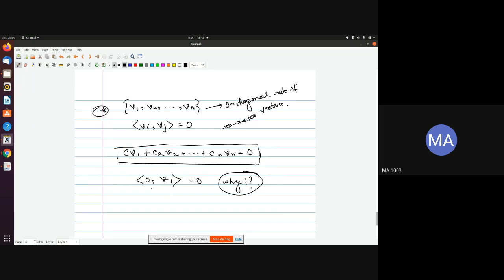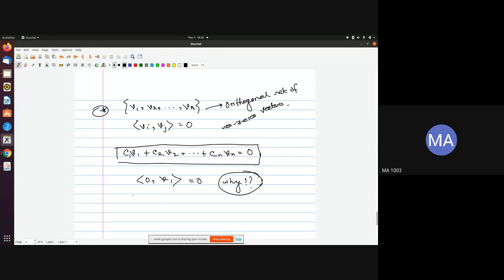My question was, I am taking the 0 vector and any other vector, the inner product is always 0. Why is it true? I leave you to think about this. Basically you have to use the last property and also some property of norm maybe.